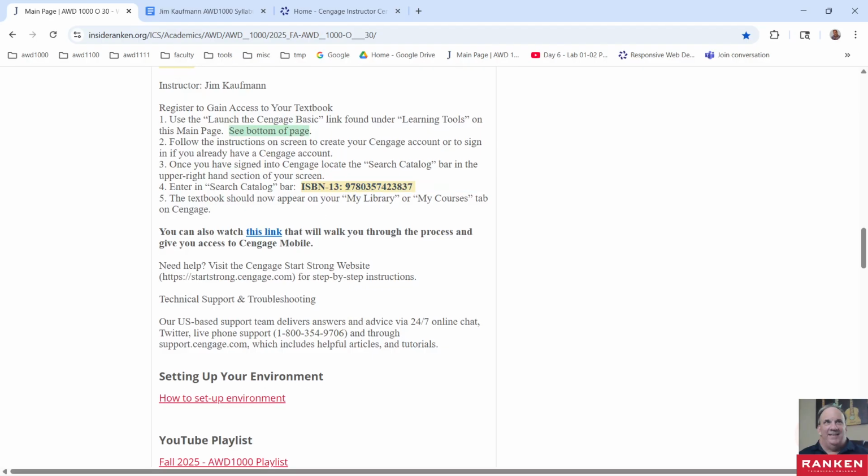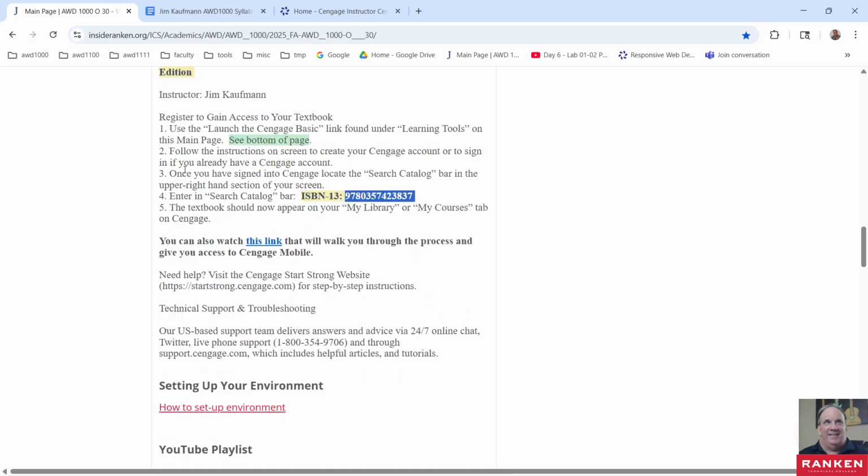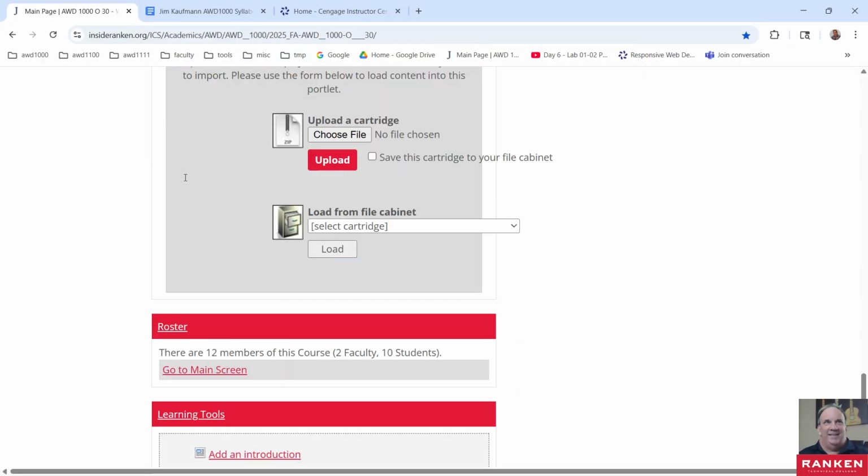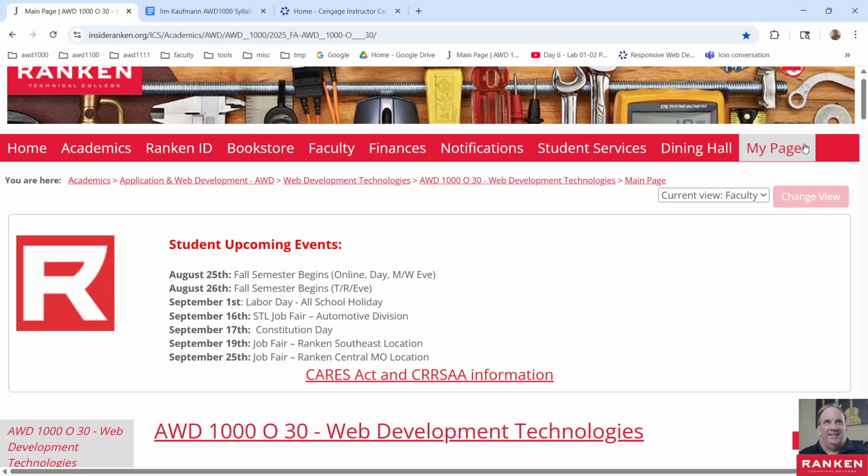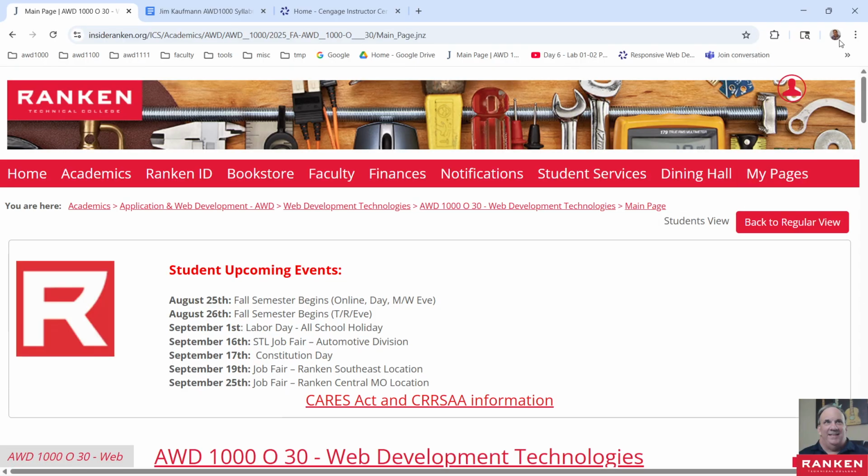This is for the HTML CSS book, but I also want to add the JavaScript one. You don't need it right away, but I want to add that. To do this, you need to go down to the bottom, and your screen's going to look different than mine. So maybe I should change this to student view so it looks similar.